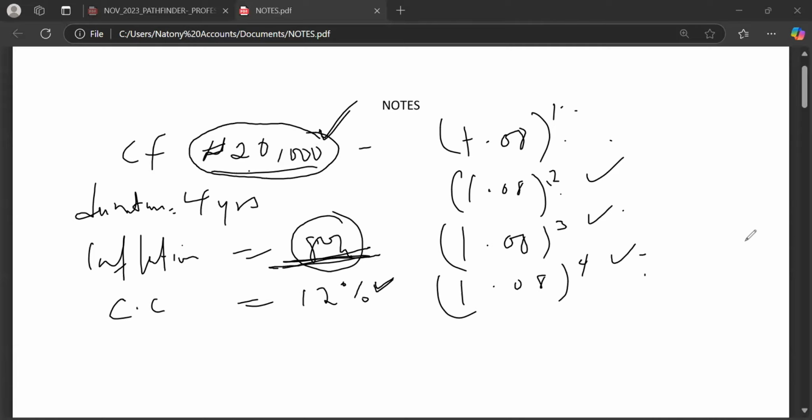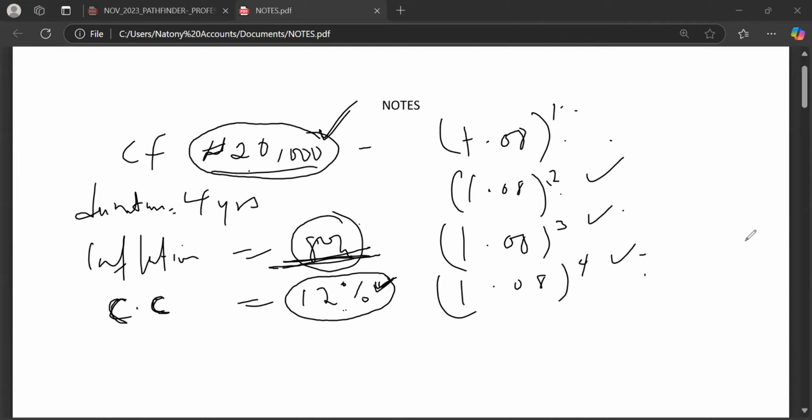Remember that this cost of capital, we are assuming that it's investors' required rate of return. So let's assume that you borrowed from the bank also at 12%, and there's inflation in the economy. The bank also will not charge you 12% next year, right? The bank will also want to inflate this cost with what? 8%.